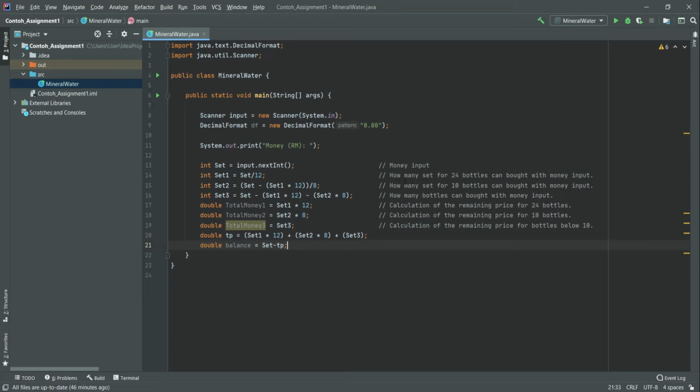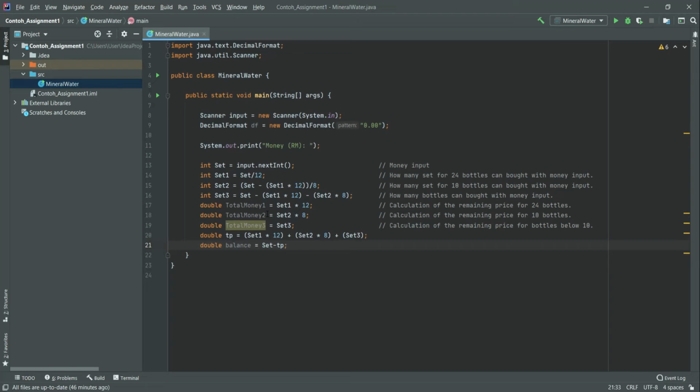Here is the declaration of how many sets of 24 bottles can be bought with the money input. Next integer is how many sets of 10 bottles can be bought with the money input. Next, set 3 is how many bottles can be bought with the money input.